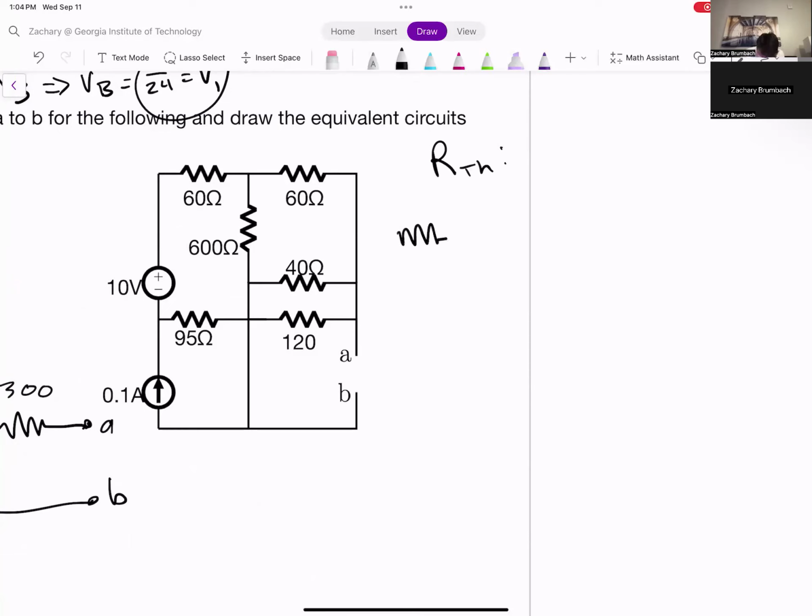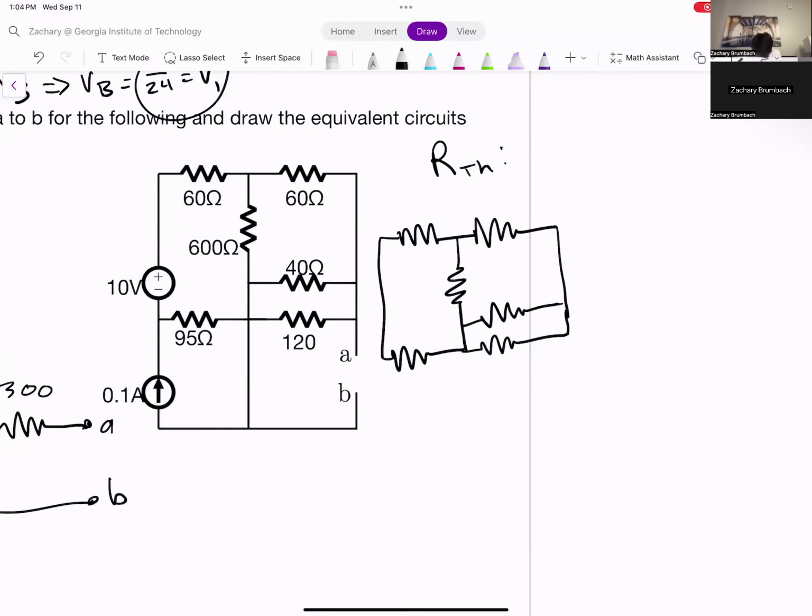So let me redraw this. And here we have A, and here we have B.